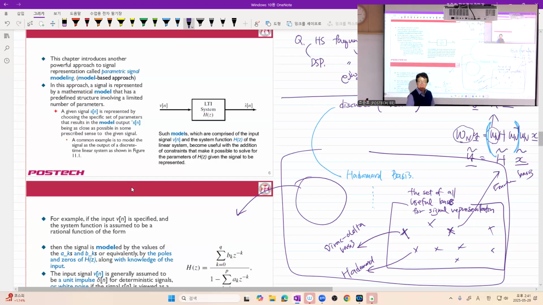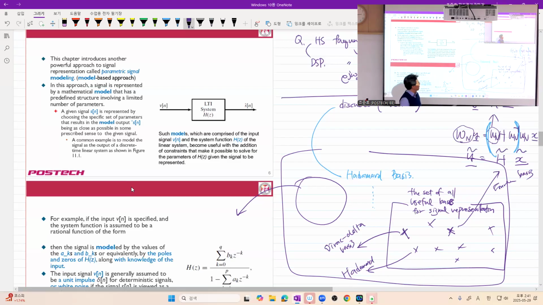They are very different. Here, let me emphasize, you choose your basis, then rewrite your signal as a weighted sum of basis functions. But here it's a little bit different. And at first glance, it's very, very weird.